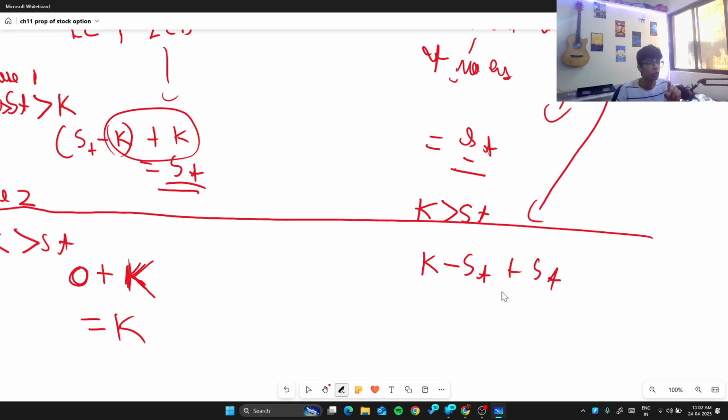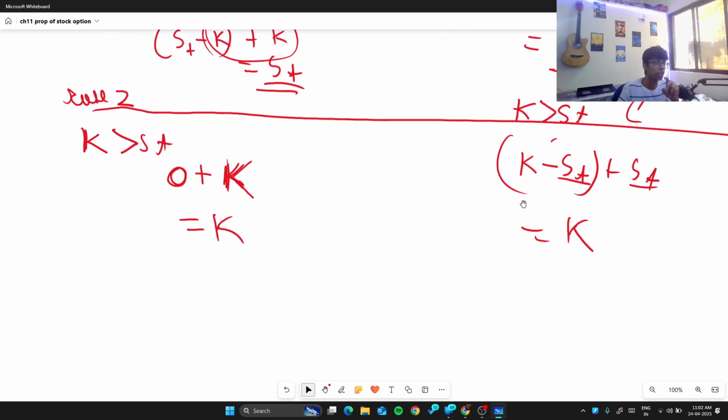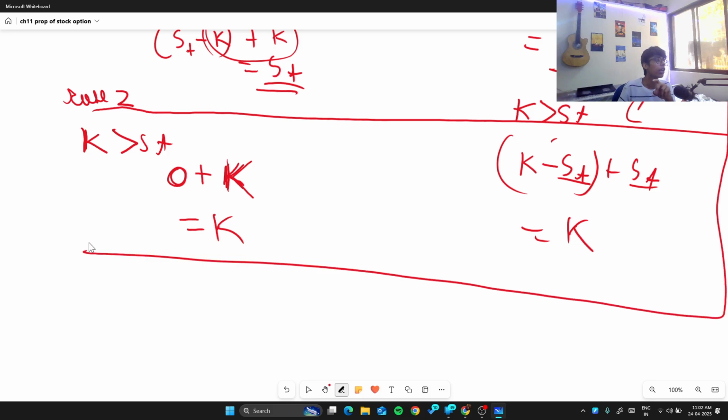The stock also pays us the money, and ST will cancel out, and that will be K. So you can understand that in both scenarios we have the same payoff.